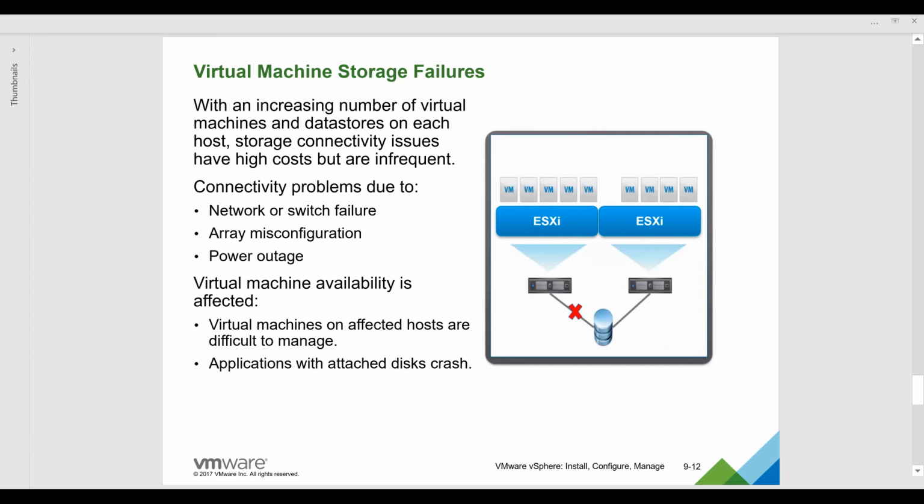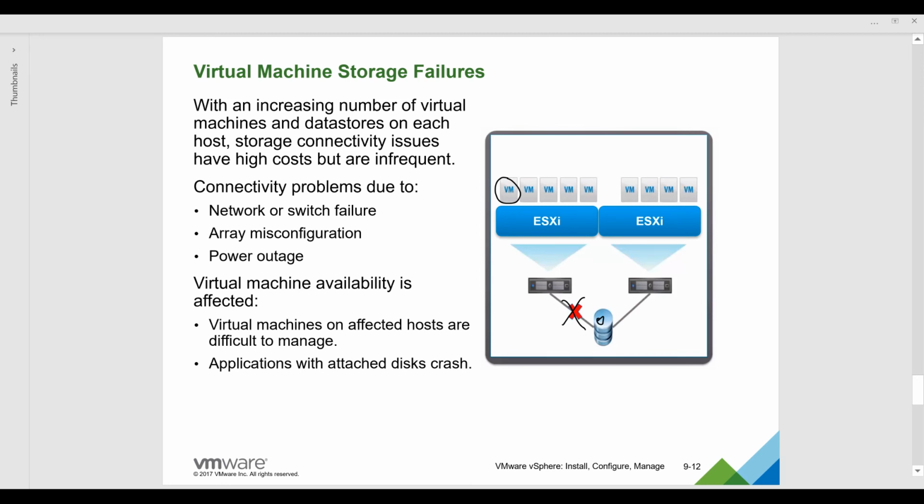What this is saying is, we have a host that's lost access to its data store. Let's say this VM here is running. If it's running an application that lives on this data store, of course the application can't run, but also this machine can't run if it's living on that data store. So you can see some problems with that.